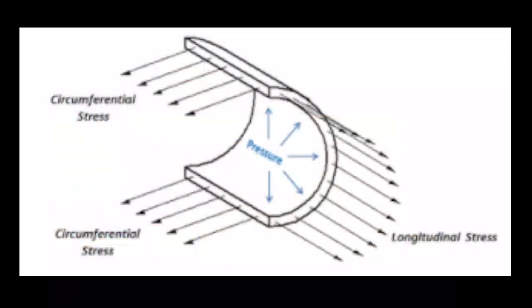Okay, so for the hoop or circumferential tension, what's the difference between the two? This hoop tension, or hoop stress, is created in the walls of our cylindrical body. Just like in this picture, what can you see here?